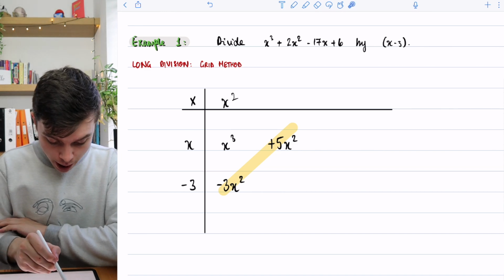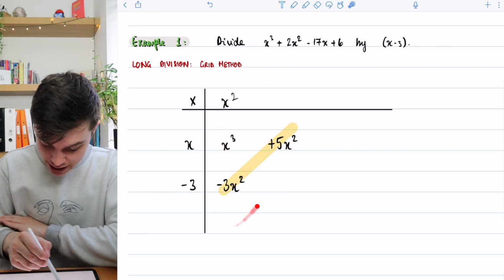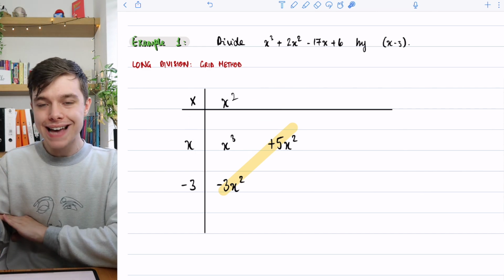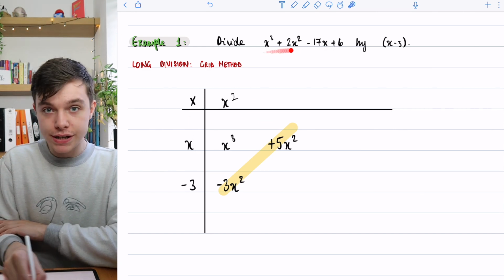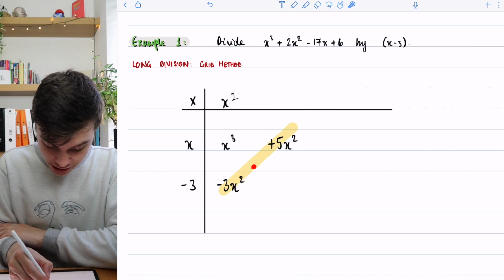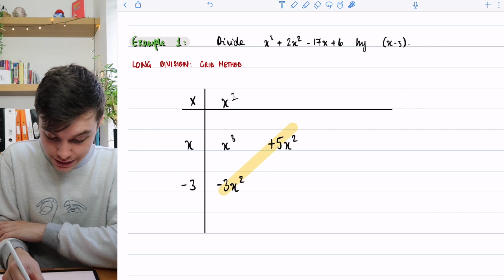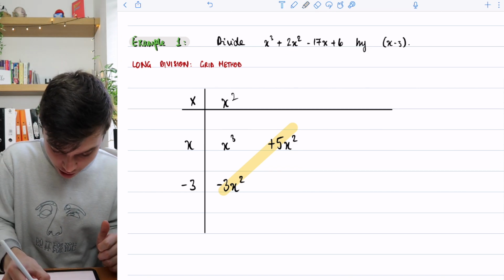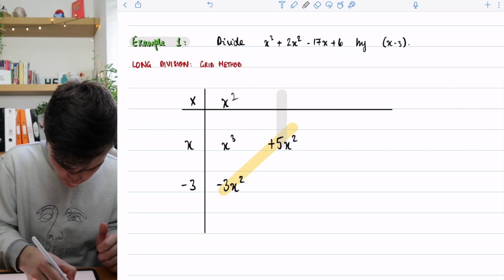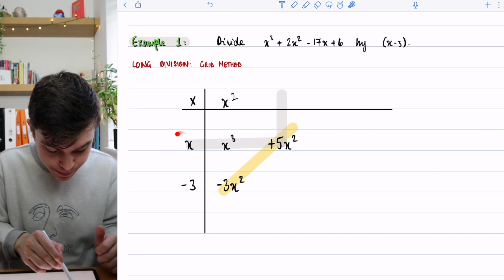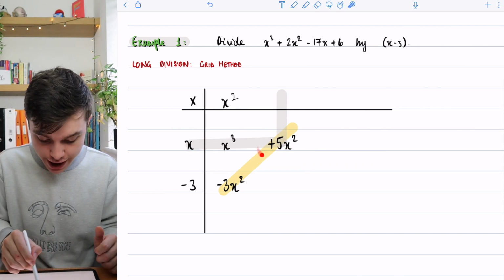You can see now what I'm trying to do with all of these terms that I'm going to write under these lines. They're all going to add together to give me what we're dividing. So minus 3x squared, working along the diagonal, plus 5x squared gives me 2x squared. Then looking along here, what do I need to multiply x by to give me 5x squared?